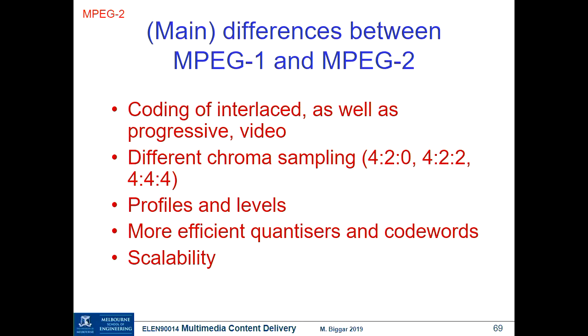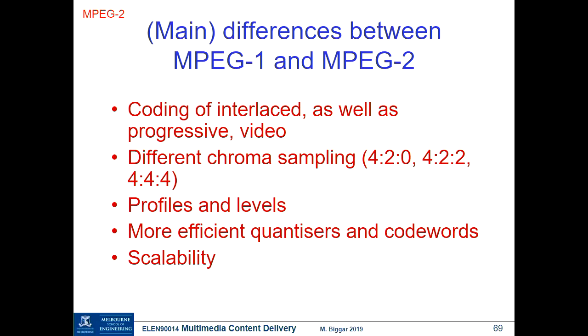Profiles and levels we'll talk about with another slide. It's actually a generalisation of that constrained parameter set that I just talked about. A bit more efficient quantizers and code words. That's just with increased experience and optimising for the new application.